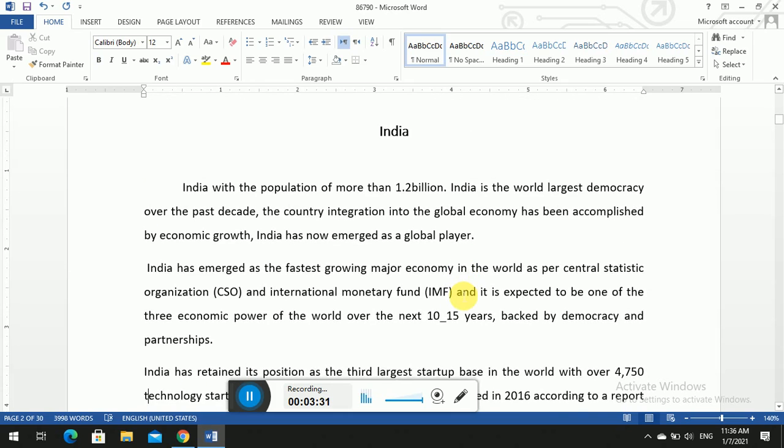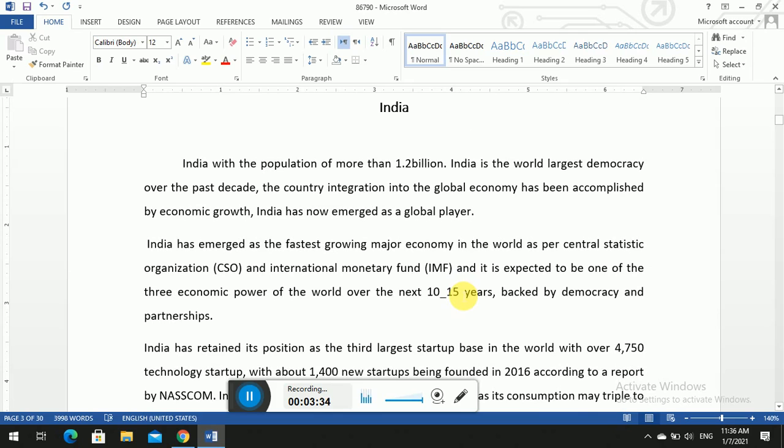So now let's come to India. As we all know, India was the 10th largest economy, and now it's the 5th major economy in the world. I think that is because of their policies, but I think 2020 was the worst year for India. India is very famous as a center for technology, called a technology hub.